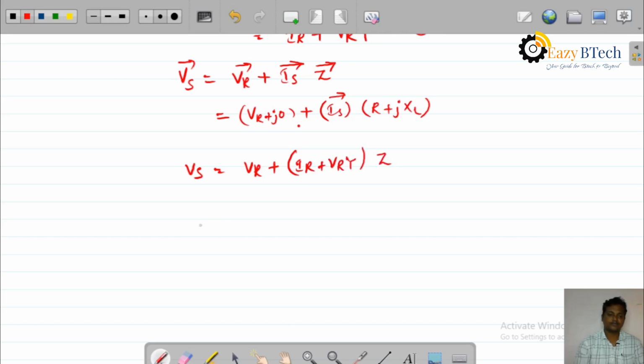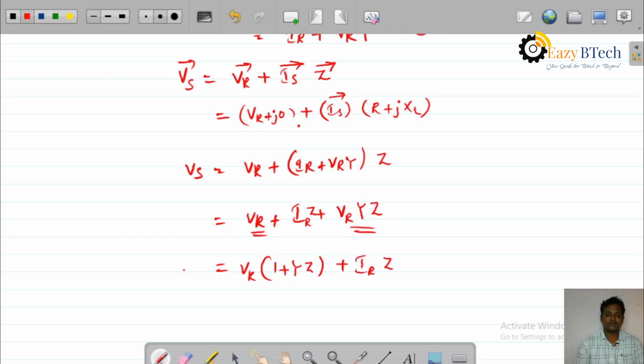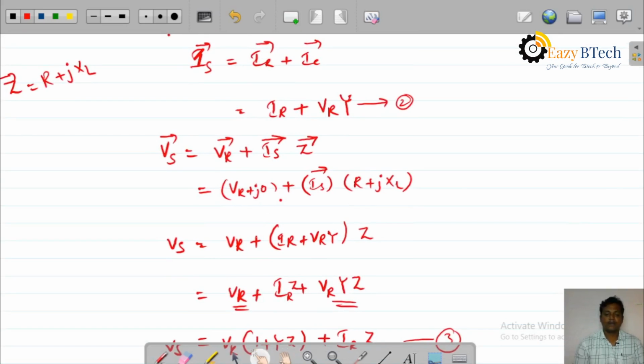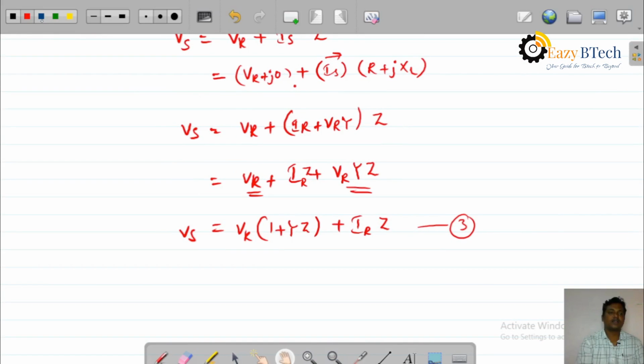It is VR plus IR into Z plus VR into Y into Z. If you take VR common from these two terms, it becomes VR into 1 plus YZ plus IR into Z. This is equation 3. This is equation 2. Compare equation 2 and 3, and we will get the ABCD parameters of the load end condenser method.